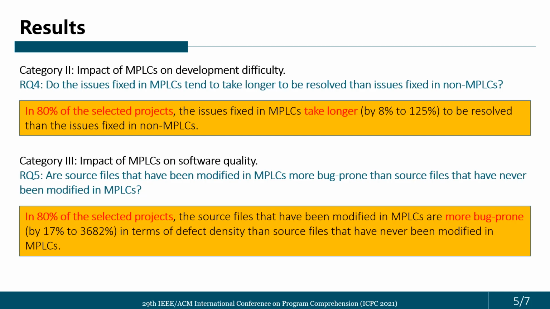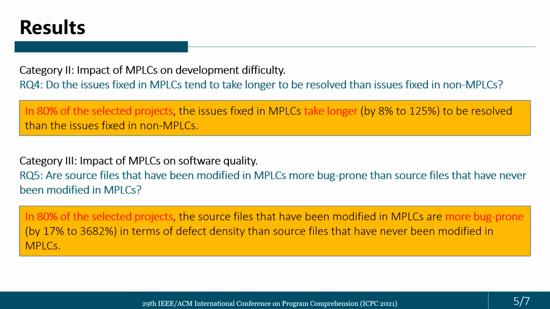The average open time of issue fixed in MPLCs is 8% to 125% longer than that of issues fixed in non-MPLCs for the 16 projects.